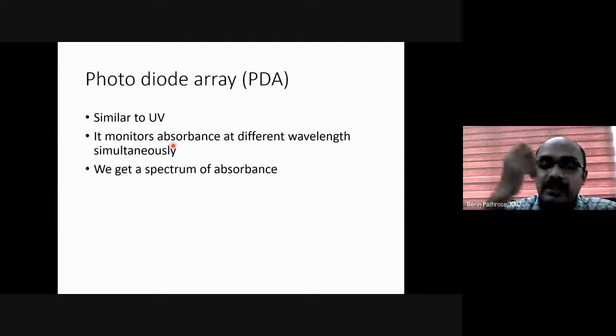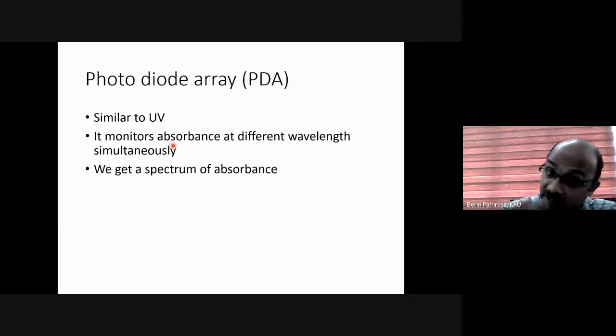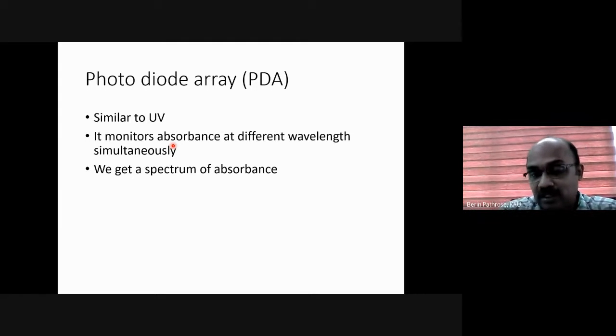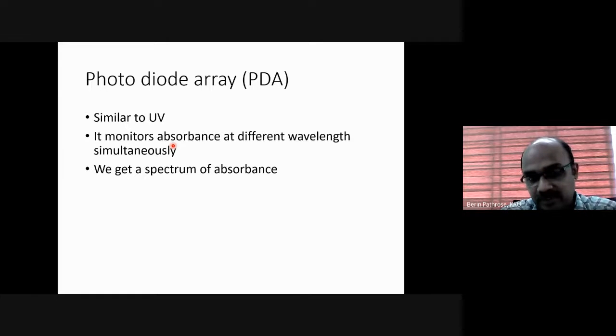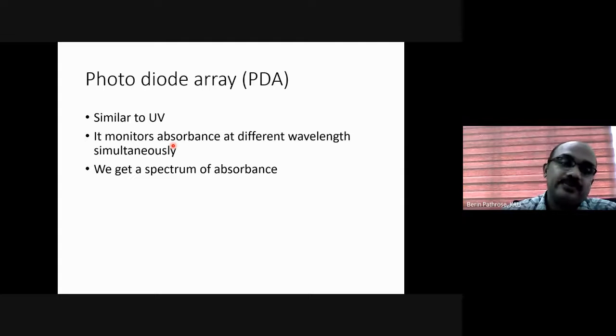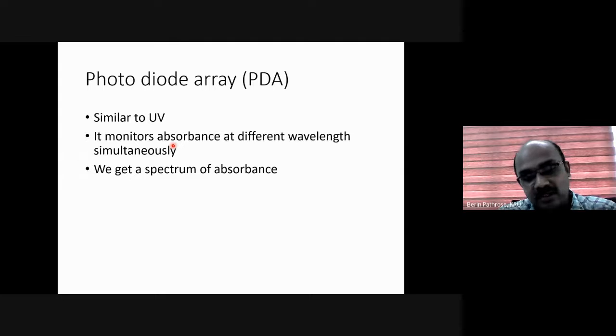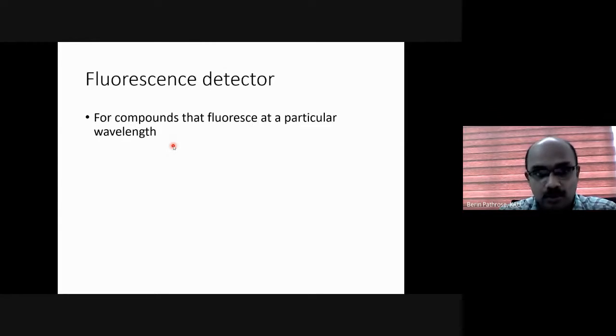During that scanning period, whatever the compound, even if you don't know its absorbance, as the entire spectrum is scanned within a short period, even if a compound is passing at that time, whatever be the absorbance, it will give a signal. So that is the photodiode array detector. This is the one which is routinely used in pesticide residue analysis. This is the detector which we have in our lab also.